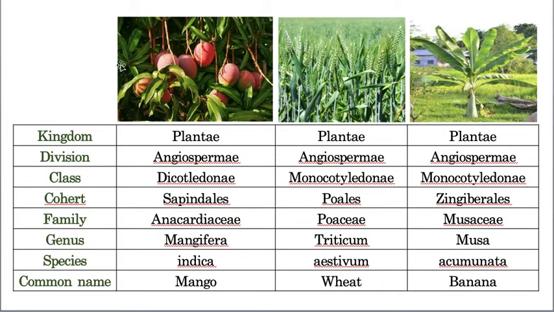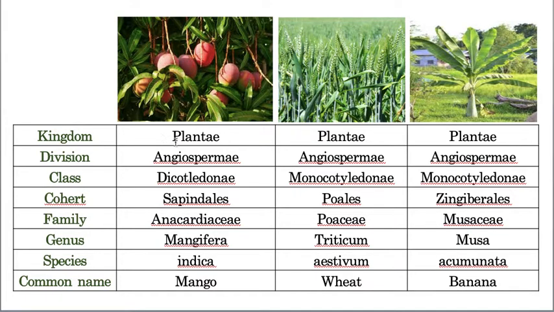Now let us take these various groups of plants. The first plant is mango, the second plant is wheat, and the third plant is banana. For your understanding, I pasted this image also. Now let us take kingdom. Kingdom is Plantae, because this is a plant. Of course, Plantae is also called Metaphyta, whereas kingdom Animalia is also called Metazoa. So in your textbook, instead of Plantae, Metaphyta is given. You should not get confused.